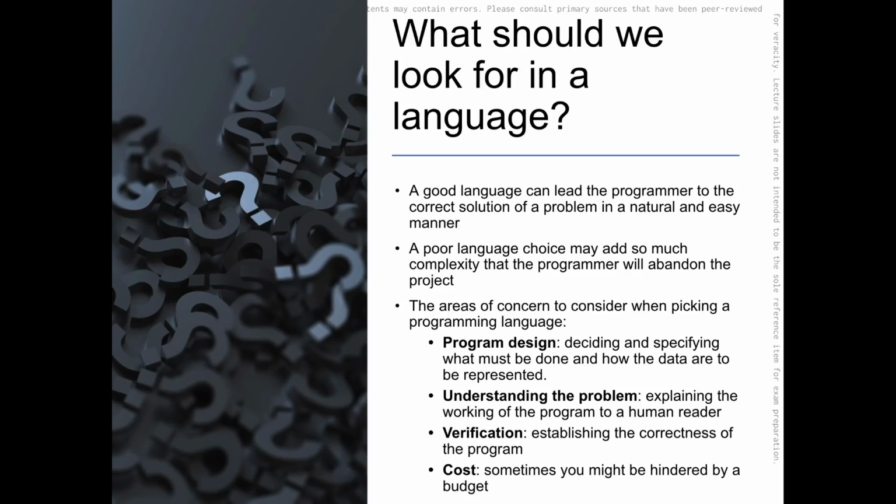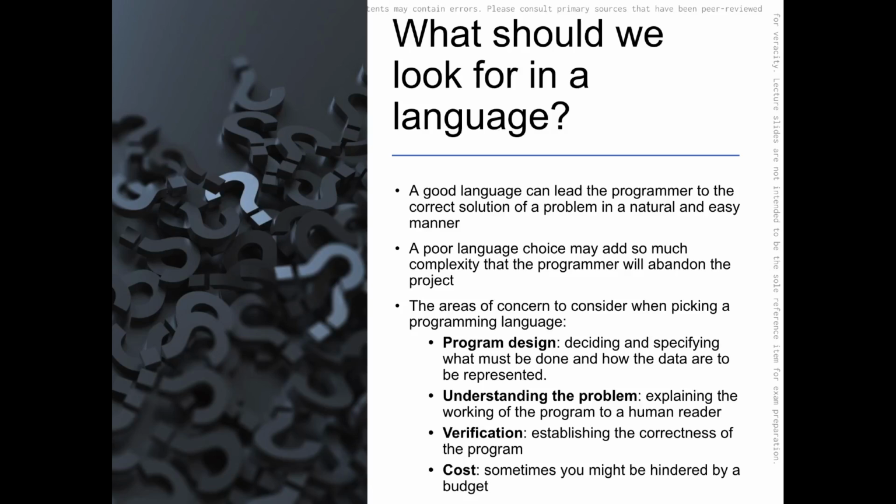You want to think about any sort of transformations of data. So you want to understand the problem. You want to understand how the program is going to respond to the person using the program that you create. And then you also want to have some level of being able to trust that what you've created is correct.